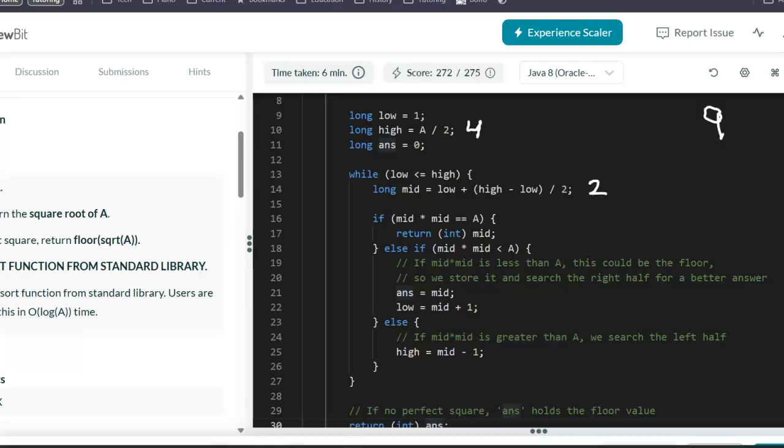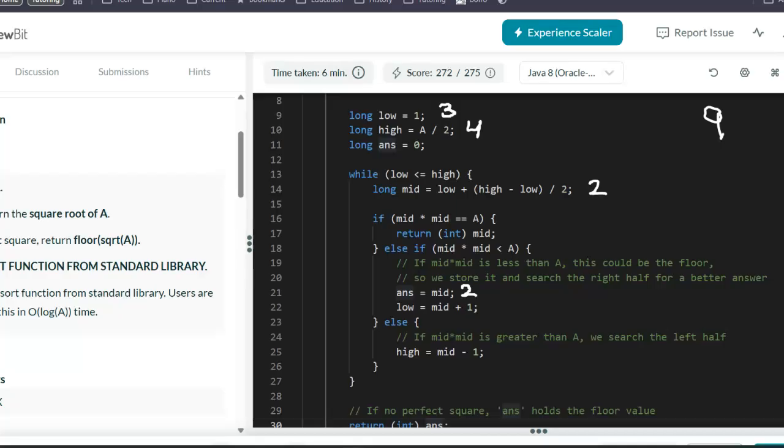No. Is 2 times 2 less than 9? Yes. So in answer, we're going to store mid, because it could be the floor. And then low, we're going to set to mid plus 1. So low is now 3.